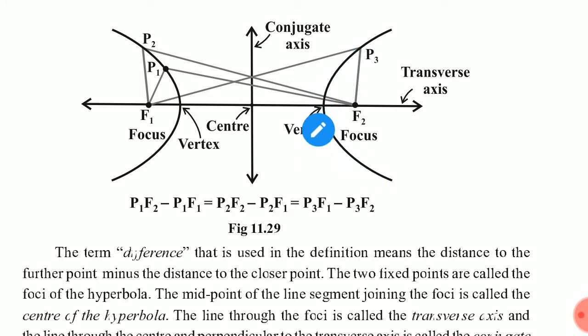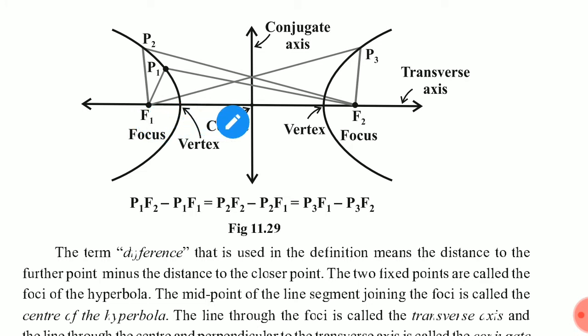Two nappes are there. This curve is on the positive x-axis, and this curve is on the negative x-axis. So it is just like a mirror image. So this is called hyperbola. Now understand all the points in this figure.